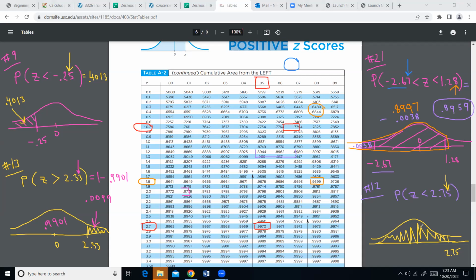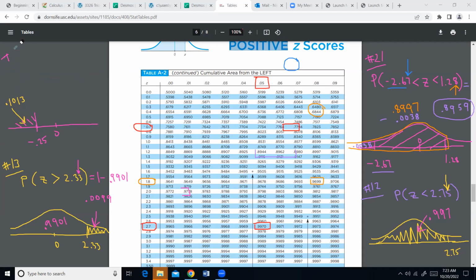And it looks like this is it. That's what I need. So this area is actually 0.997. I guess you don't need that 0 after the decimal point. That's fine.